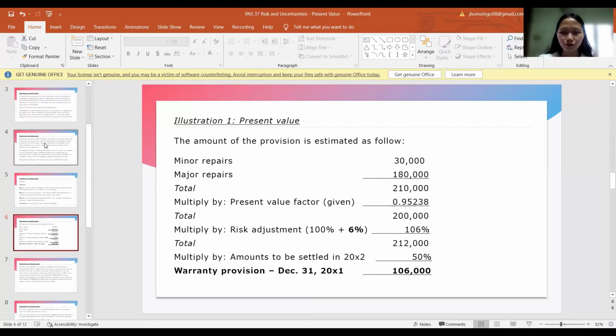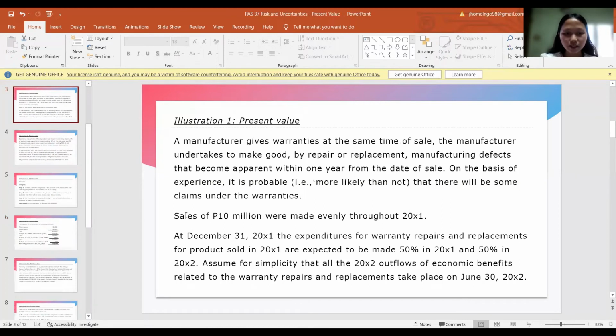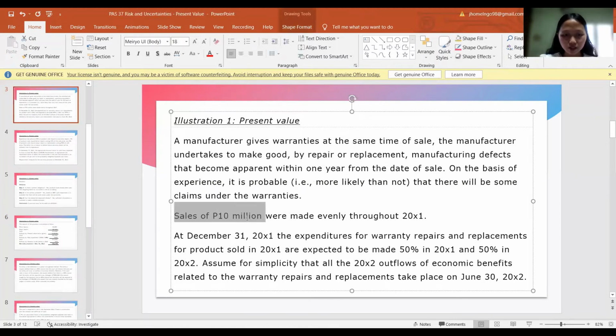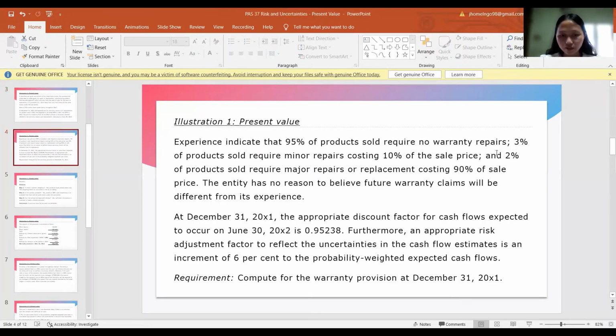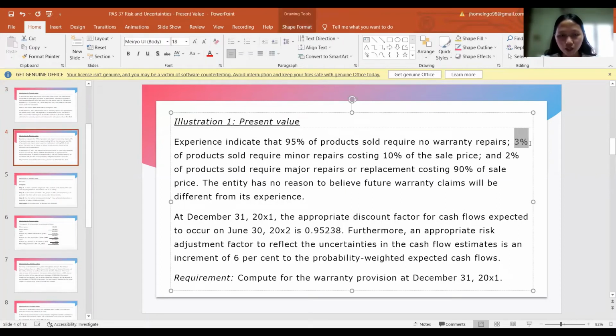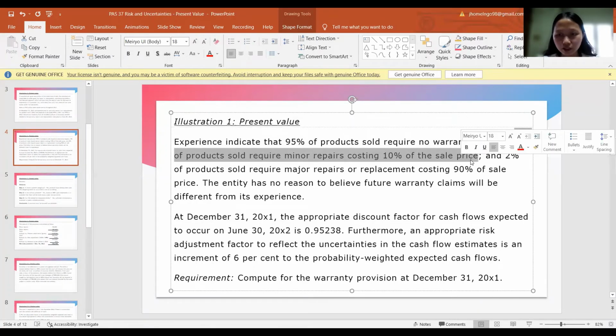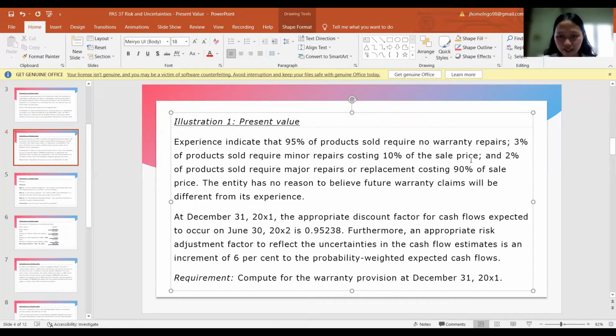The amount of the provision estimated is as follows. Minor repairs is 30,000. The 30,000 is computed as the sales of 10 million pesos times the 3% of the products sold that require minor repairs and the 10% of the sale price. So 10 million times 3% times 10%.